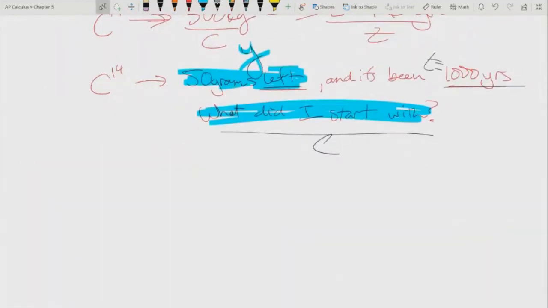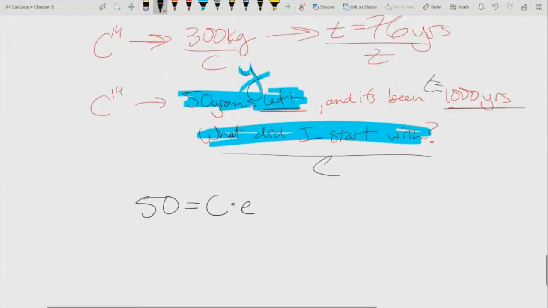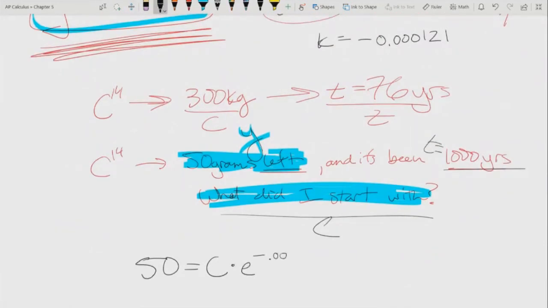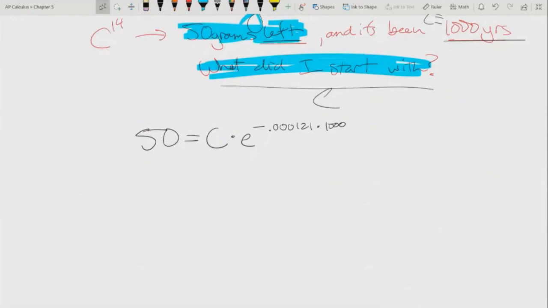So if you plug that into that formula up there, it's a little bit different. We'd say, well, I have 50 grams left. I'm trying to figure out C amount with E raised to the, what was it again? Negative 0.000121 times 1,000. And of course, you just have to solve this equation for C. This is actually a pretty easy one to do because you just divide each side by this quantity here.